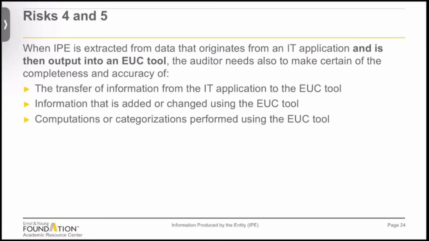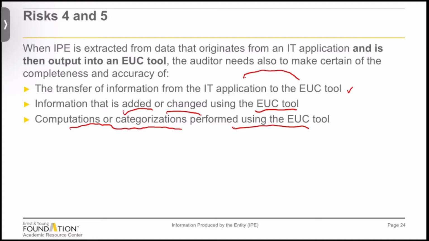The auditor needs to also make certain of the completeness and accuracy of the transfer of the information from the IT application to the EUC tool, information that is added or changed using the EUC tool, or computations or categorizations performed using the EUC tool.